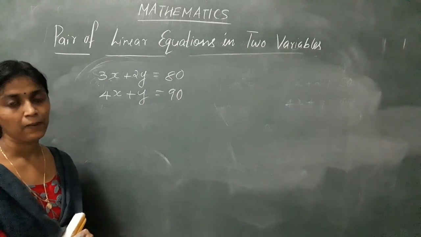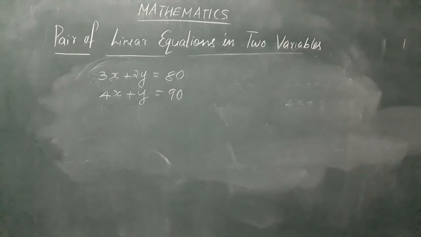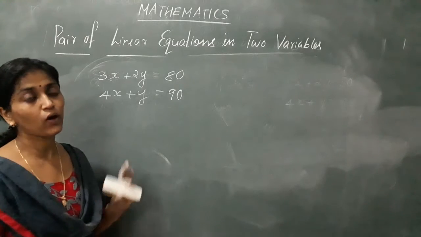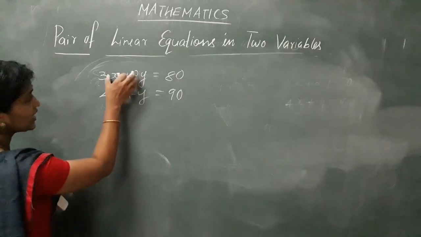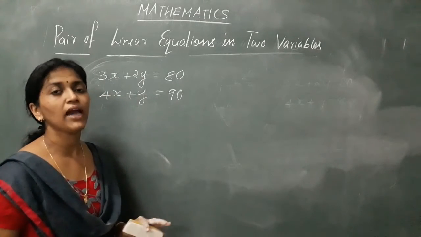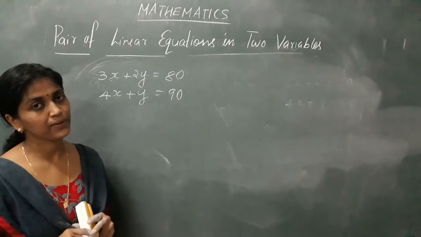But when we are asked to represent it geometrically, we have already studied in 9th standard how to do it. We have to take each equation, find its solutions, and then plot the points in an xy plane.